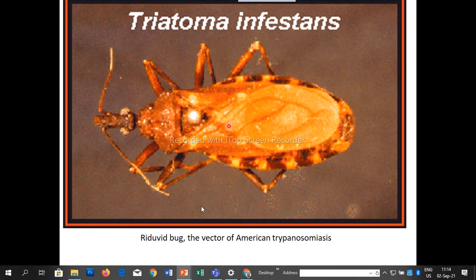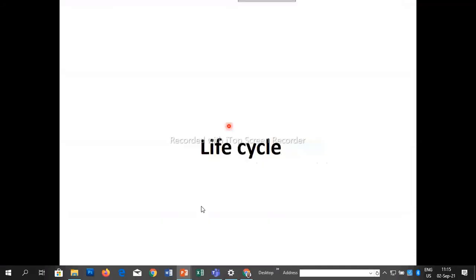Triatoma infestans is the species that transmits the disease. Kissing bug, or reduviid bug. Those are the names of this vector, either Triatoma infestans, kissing bug, or reduviid bug. That's the vector of American trypanosomiasis.